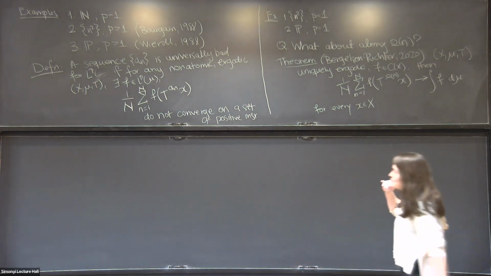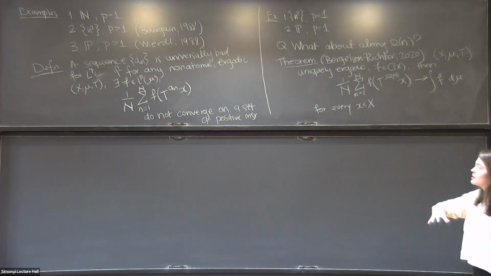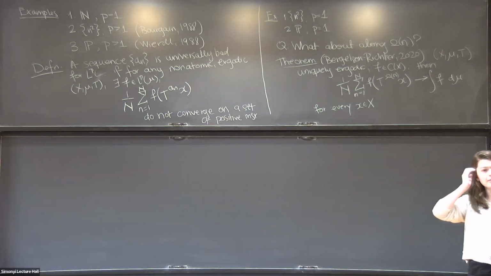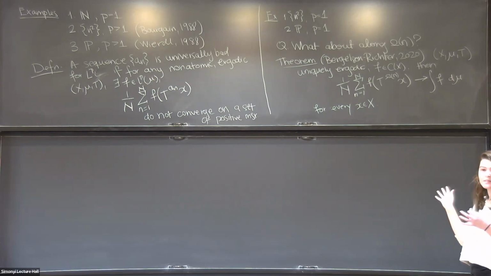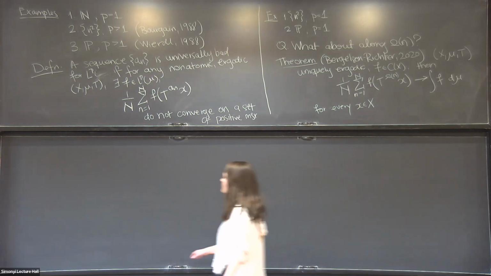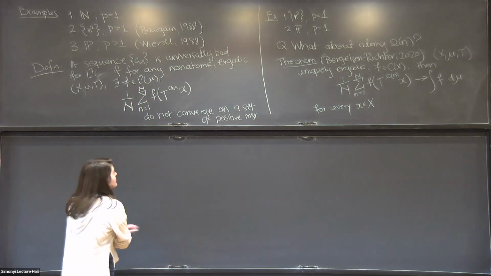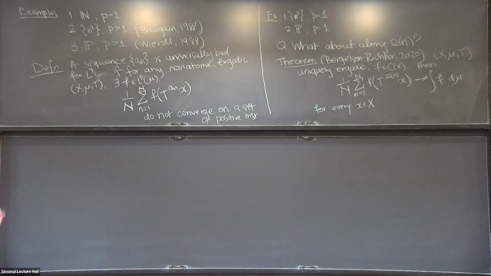As I mentioned before, there is a big background coming from number theory, and I wanted to discuss that for a few minutes to show more of the intuition about why we're looking specifically at the sequence omega n. It turns out that Bergelson and Richter's theorem simultaneously generalizes a lot of results from multiplicative number theory, talking about the asymptotic distribution of omega n.